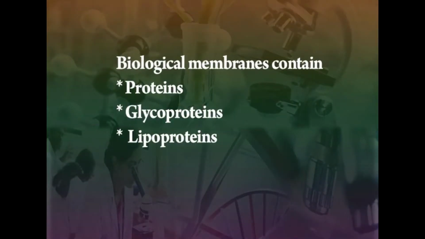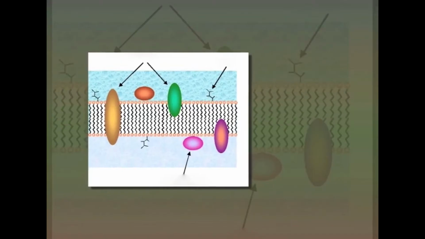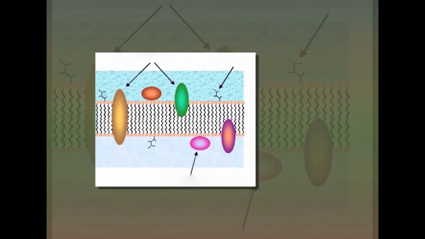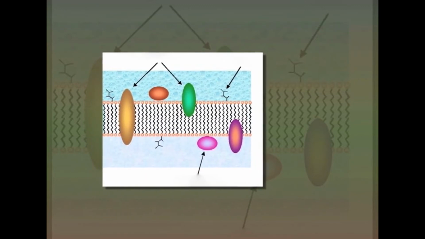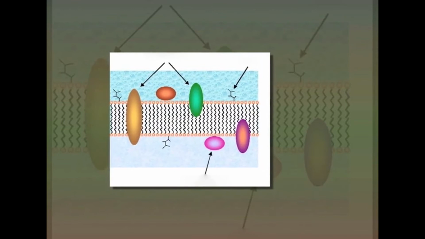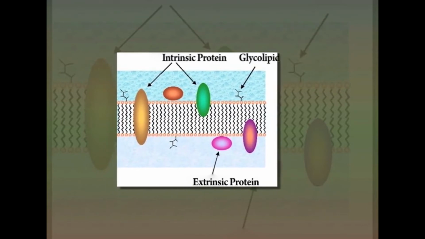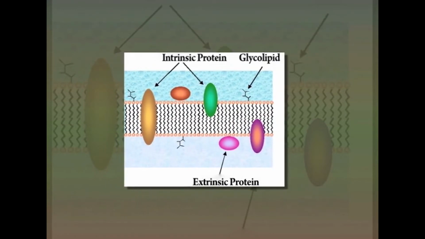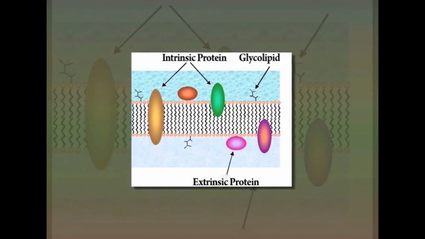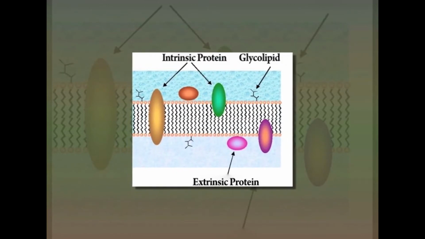Biological membranes contain proteins, glycoproteins and lipoproteins. Proteins associated with membranes are of two general types, integral and peripheral proteins. Integral membrane proteins, which are also called intrinsic proteins, are tightly bound to the membrane through hydrophobic interactions and are inserted into or penetrate the lipid bilayer.